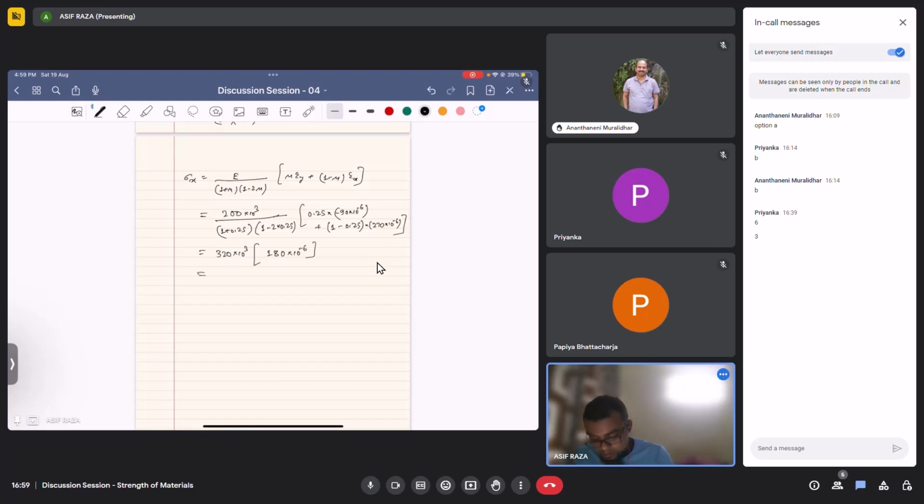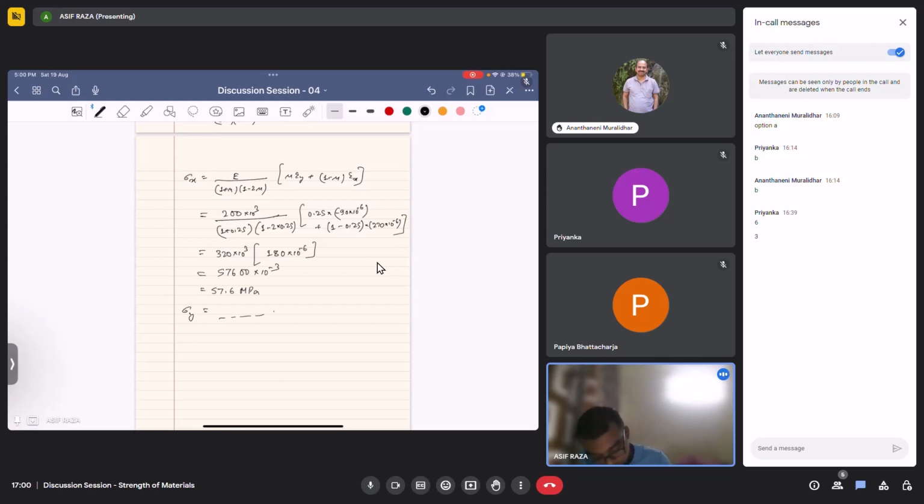This gives 57.6 MPa. Similarly, you can find sigma y also.